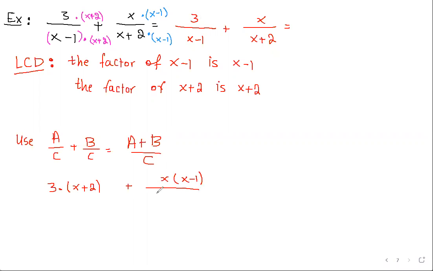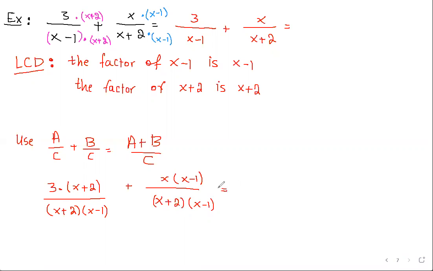And the denominator is x plus 2 for both of them times x minus 1. Here I have x plus 2 times x minus 1. So the denominators are equal. Now we sum both numerators.